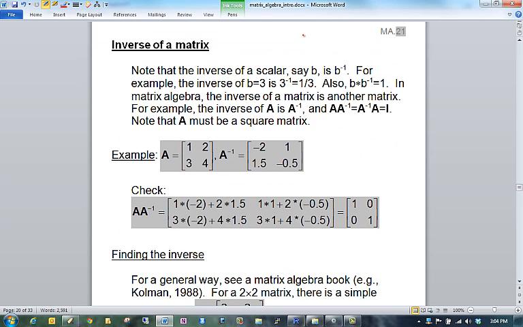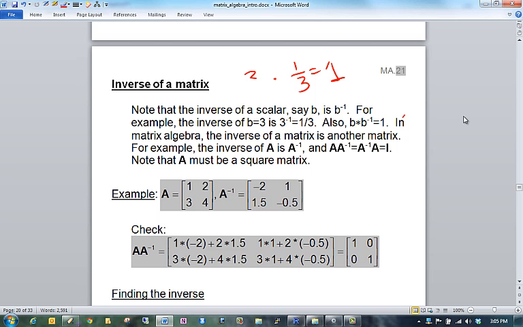Let's talk about how to find the inverse of a matrix. Now, all of you have seen cases such as, maybe I have the number 3, and I want to invert it. In other words, take 1 over 3. Now, if you were to multiply these two together, you get 1. Now, let's talk about this in the context of matrix algebra. So let's say I have a matrix A, and it has an inverse called A inverse.